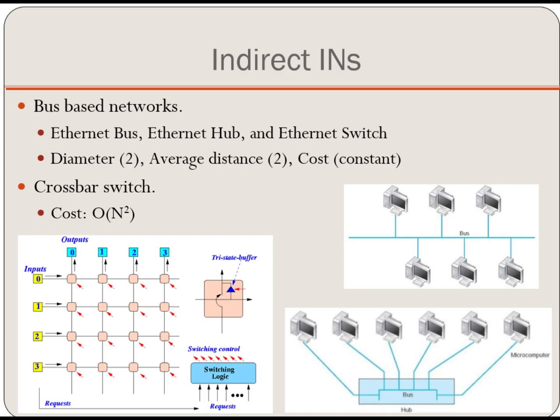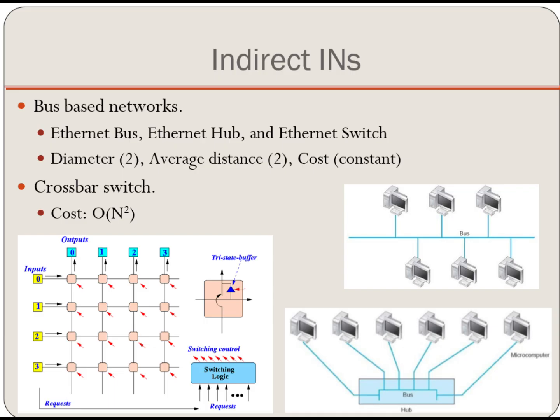Again, the distance is also 2, and cost will be constant because as long as the bus has enough connectors, you can increase the number of nodes connected to the same bus without too much cost. So the cost can be treated as a constant because the cost of this hub or this bus is almost independent of the number of computing nodes connected to it.